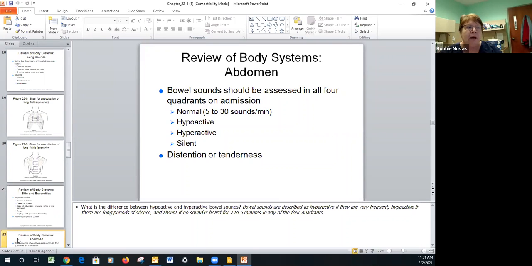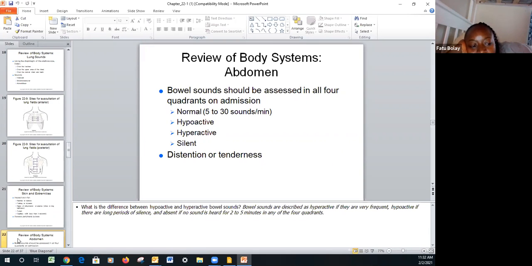If it is hypoactive, how many sounds a minute do you think you're going to hear? 1. 1 will work, yes, less than 5. Okay. If it is hyperactive, how many sounds are you going to hear? 31 and above. 31 and more. Okay. So if I have a patient with hypoactive bowel sounds, that means things aren't moving very well. What kind of condition do you expect to see?